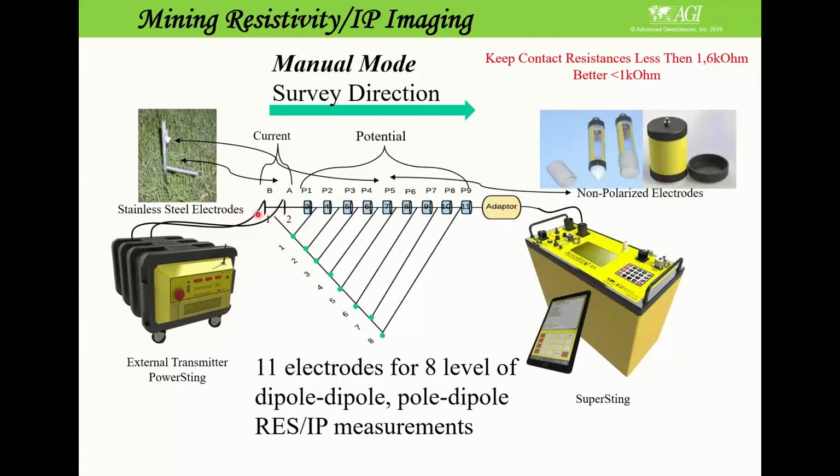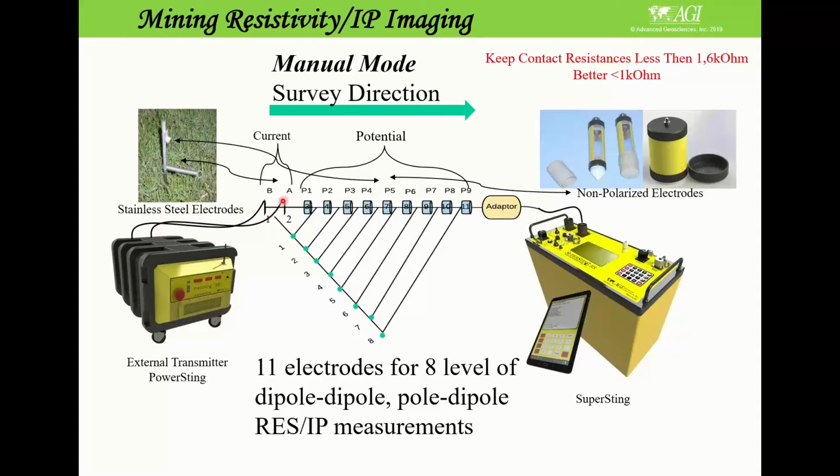In this manual mode, for 8 levels, you can have 9 non-polarized electrodes over here, connected to SuperString with an adapter box, and either you use SuperString directly for current injection from the instrument, but if you'd like to do high power output current injection, then you can connect the external transmitter at the current location.